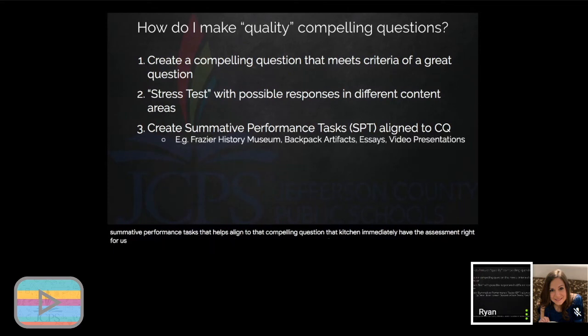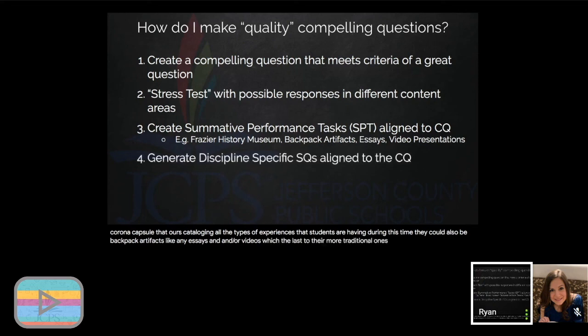For us, we're going to show you some examples here that we've used, actually the Fraser History Museum that's developed the Corona capsule that is cataloging all the types of experiences that students are having during this time. They could also be backpack artifacts, they could be essays or videos, which the last two there are more traditional. Once you've done this, now you can start to create discipline-specific supporting questions that are also aligned to the compelling questions.